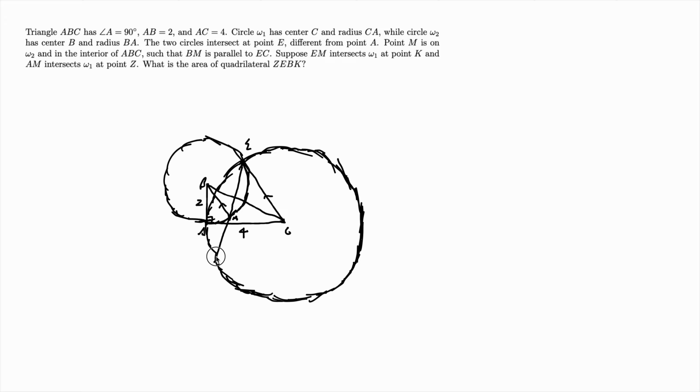And this point right here is K. And AM intersects this point right here, which is Z. What is the area of quadrilateral ZEBK?